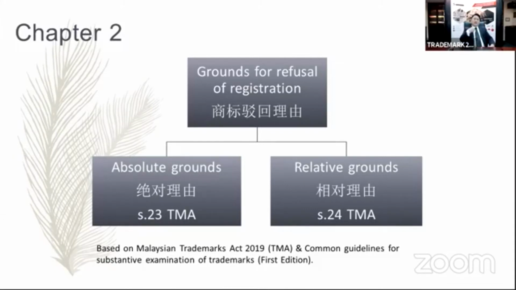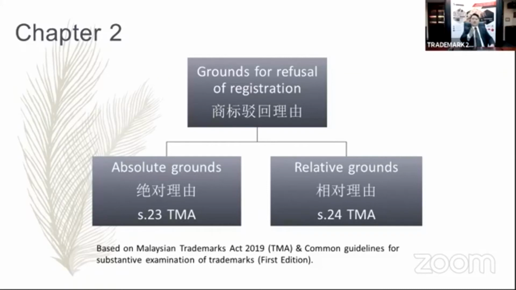Every examiner has to conduct examinations on your trademark applications. And of course, there are many reasons why they object to your trademark applications. So let me share with you 2 of the reasons today.